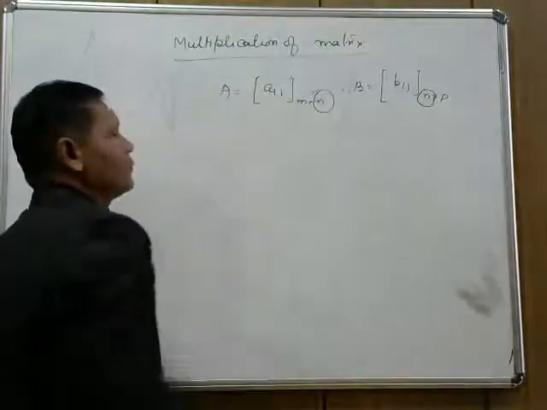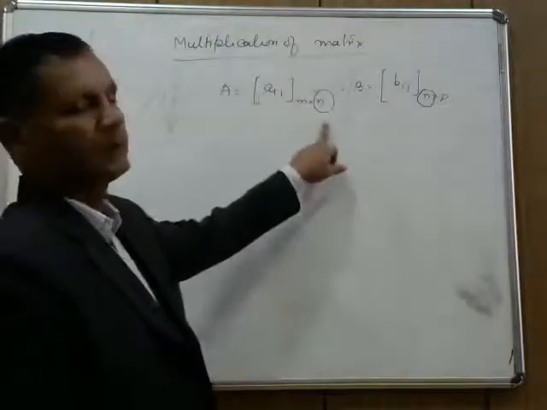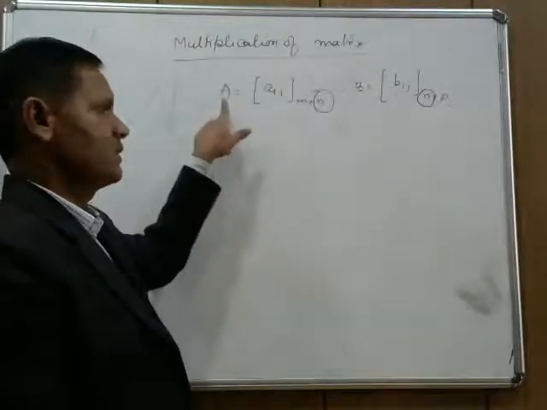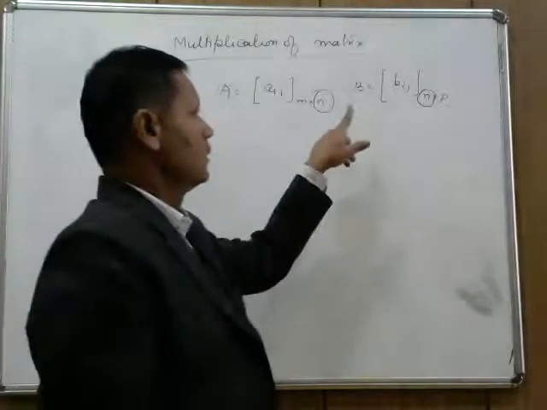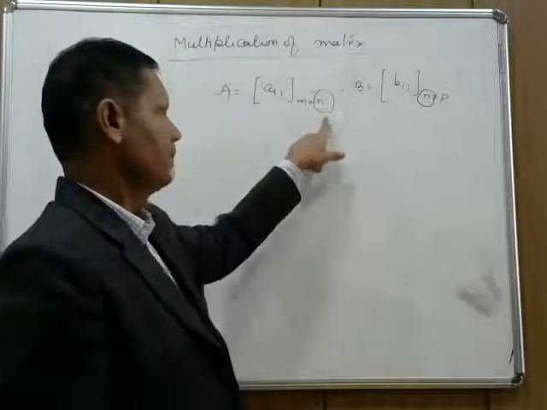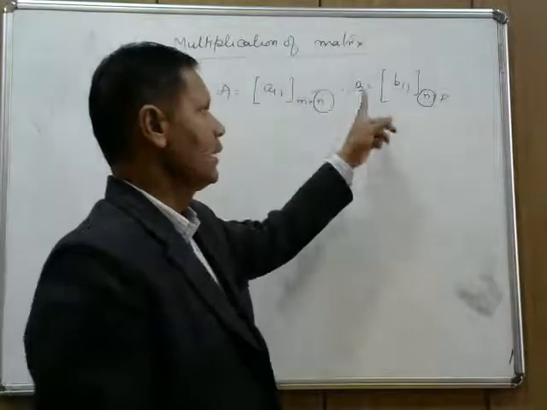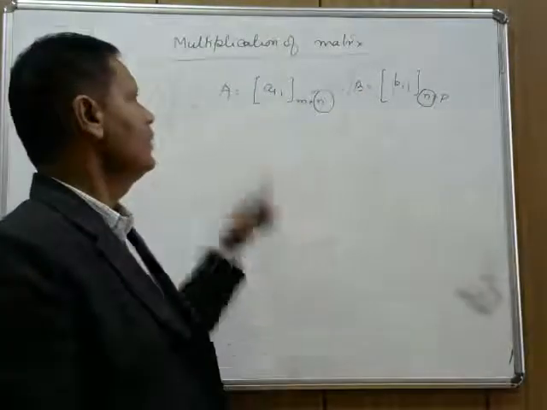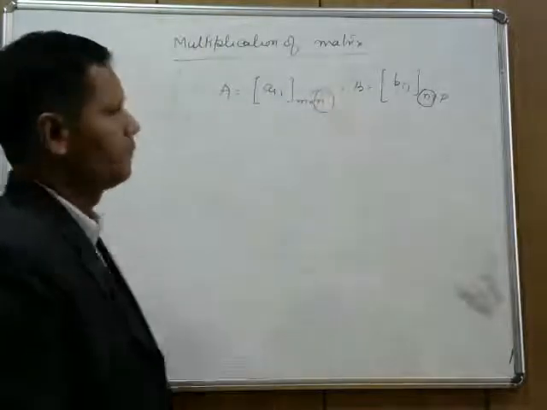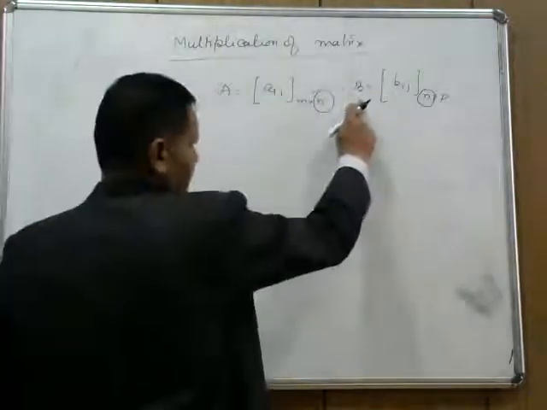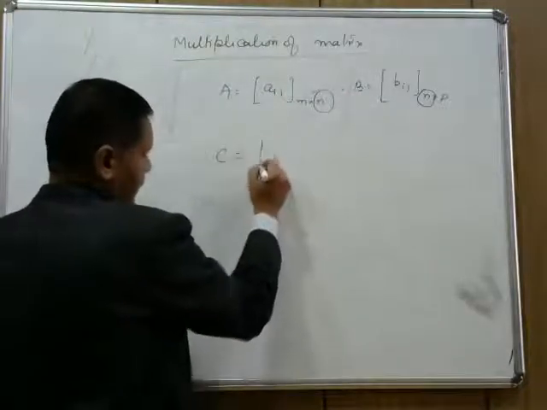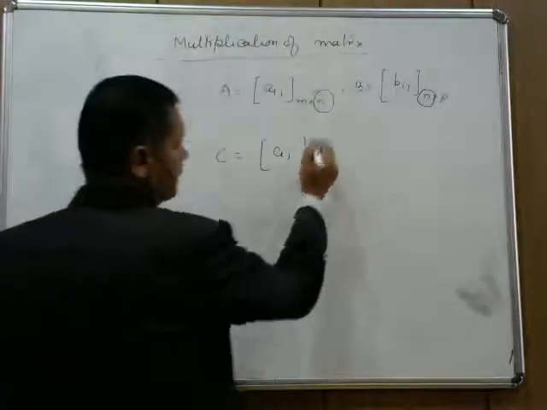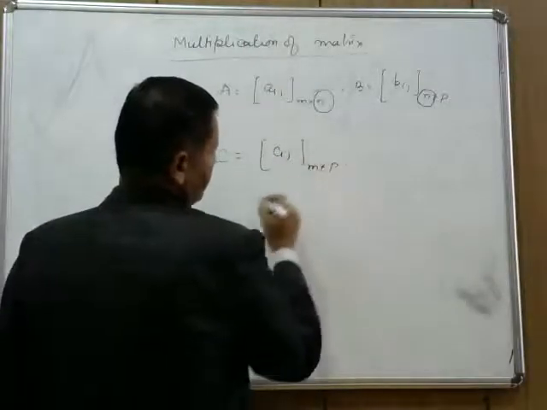The number of columns of the matrix A is equal to the number of rows of matrix B, then only we can multiply A by B. And their product, if I denote it by C with elements Cij, the order of C will be m by p.